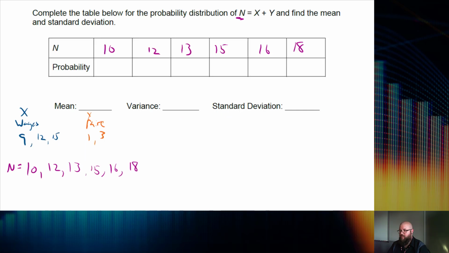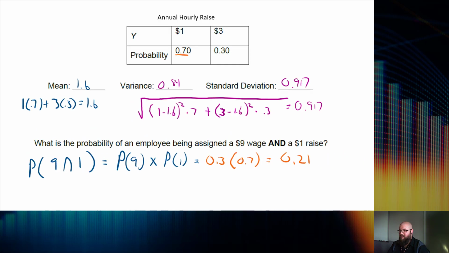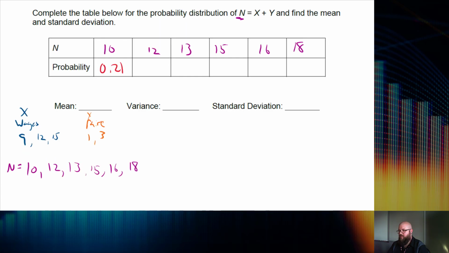We knew that right off the bat. Then to find 12, we took 9 and added 3, so we take 0.3 times 0.3, which gives 0.09, and so forth. You're going to do those.